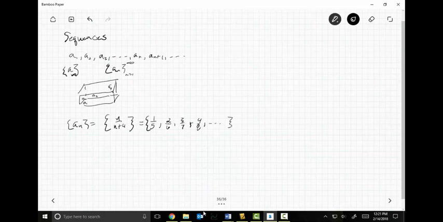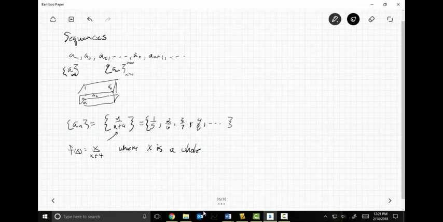Now, this is a really, really important thing to understand. It's probably the most important thing to understand about sequences. You might notice, wait a second, Ripley, isn't this just f of x equals x over x plus 4, where x is a whole number?